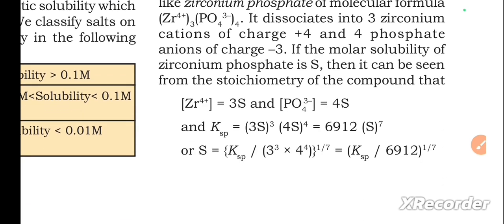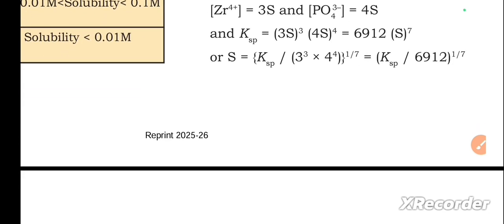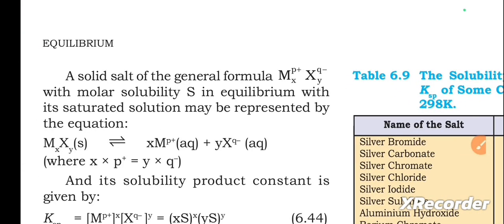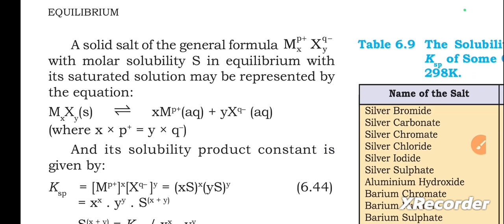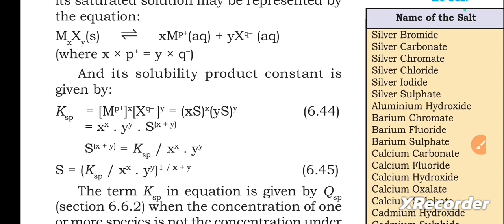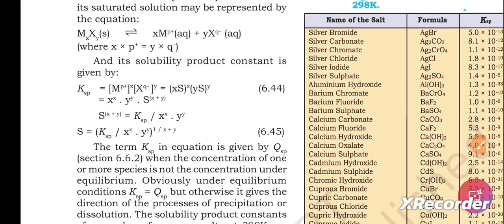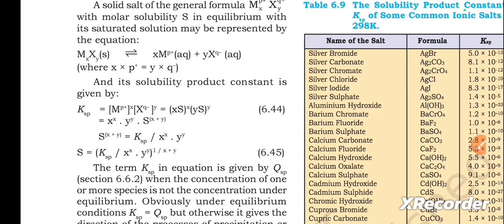If the molar solubility of zirconium phosphate is S, then it can be seen from the stoichiometry of the compound that, so here are the equations, please check it out. A solid salt of the general formula M_xX_y with molar solubility S in equilibrium with its saturated solution may be represented by the equation. So here, please check the equation, take a pause and check all the equations over here.